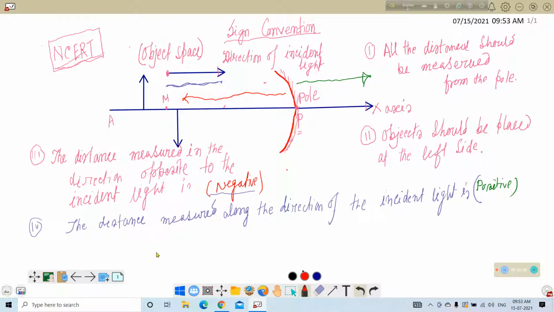Number five, height of the object. Suppose this is the object placed at a point M prime, and this is the height of the object. This height is negative height.